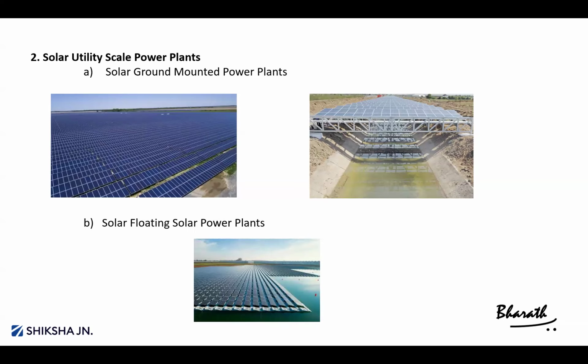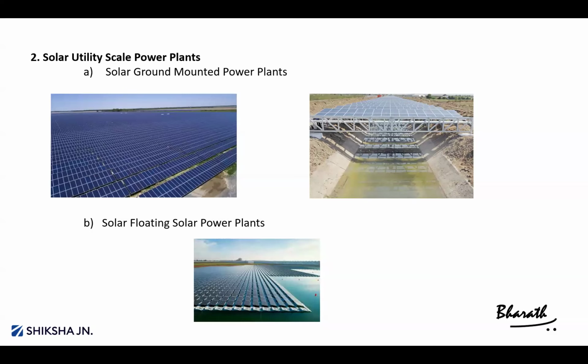At that time, to set up a 1 kilowatt solar power plant, the average cost came around 80,000 rupees to 90,000 rupees. Now the 1 kilowatt setup average cost is 40,000 to 45,000. So that much the prices have reduced. So that's why the developers are also offering a very low unit rate.